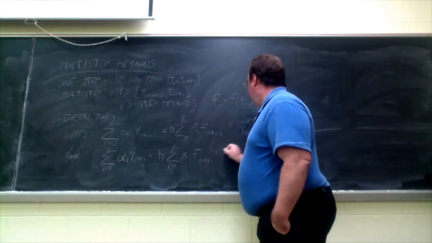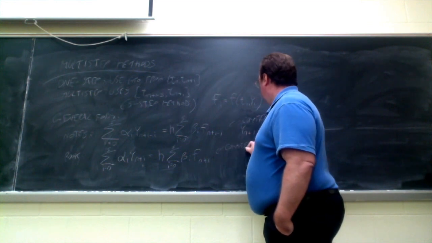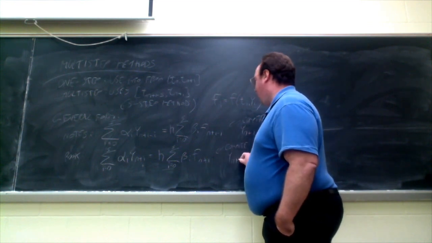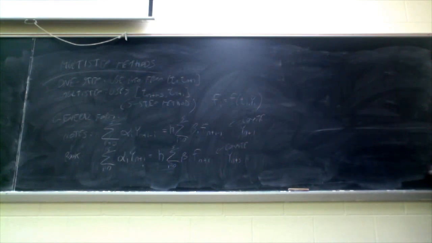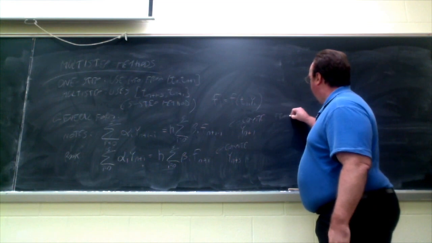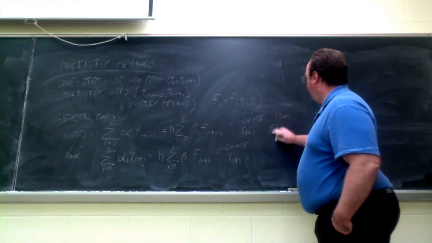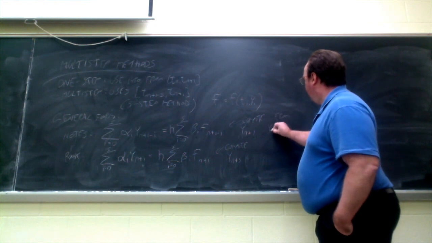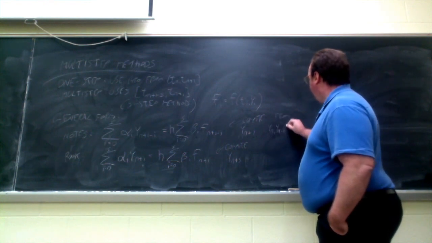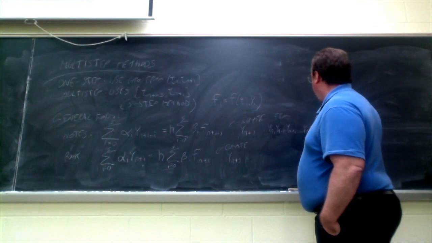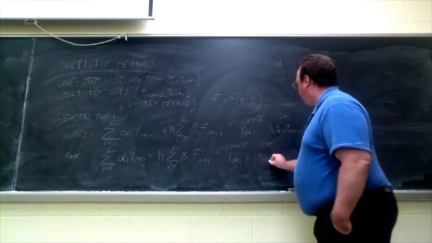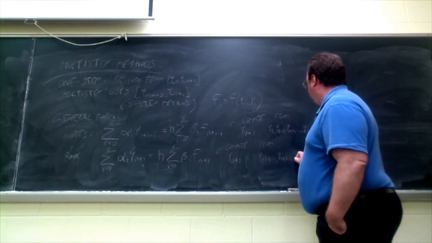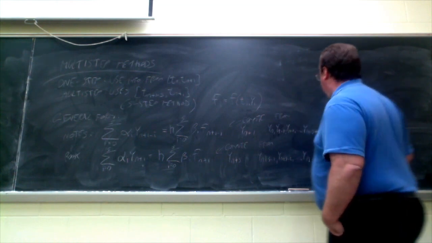Here, the goal is to compute y n plus s, because you always want to compute the value at the latest time. Here we compute y n plus 1 from y n, y n minus 1, y n minus 2, all the way down to y n minus s plus 1. Here, we compute y n plus s from y n plus s minus 1, y n plus s minus 2, all the way down to y n.